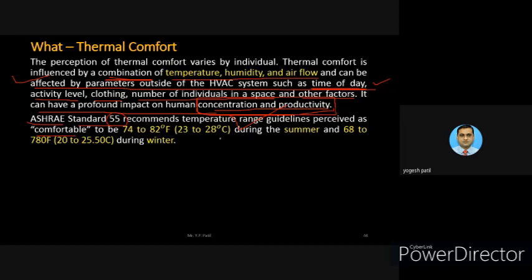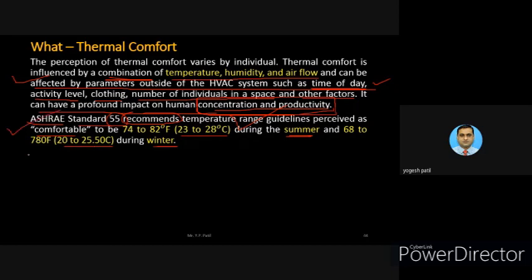They decided two types of environment, summer and winter. In summer, the comfort temperature is expected to be between 23 to 28 degrees Celsius, and in winter, they recommend, though this is not compulsory, between 20 degrees Celsius to 25.50 degrees Celsius.